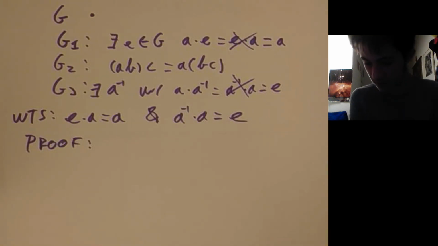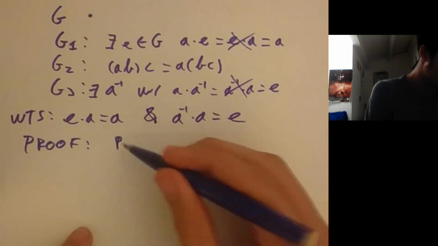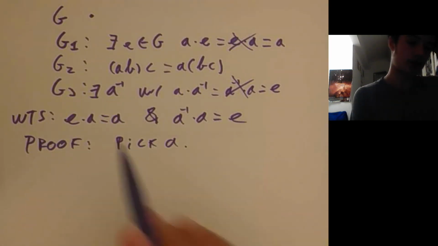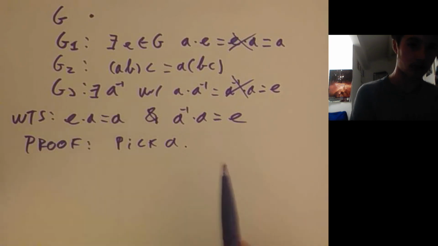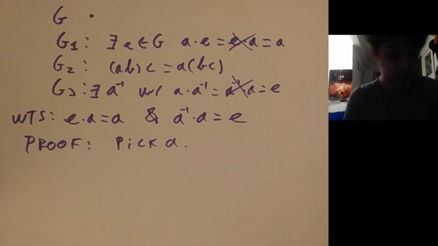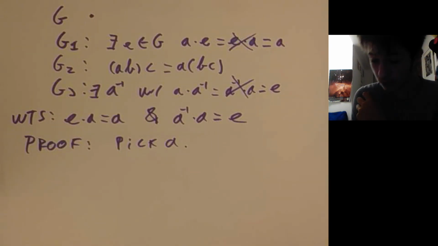First of all, we start by picking some element A, and we now want to show these two things. So A is arbitrary. First of all, because of condition 3, we know that there exists this A inverse with this given property.